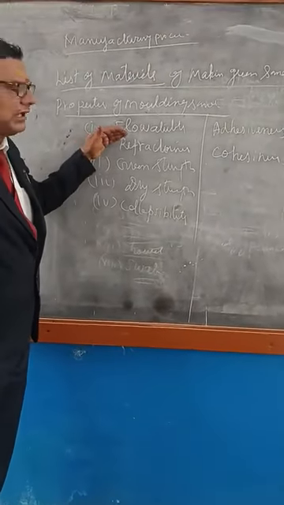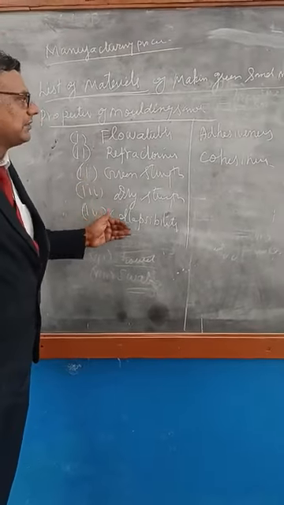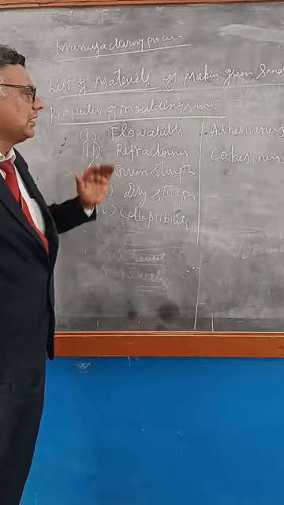First one, flowability, refractiveness, green strength, dry strength, collapsibility, adhesiveness, and cohesiveness. So these are the properties of the molding sand.